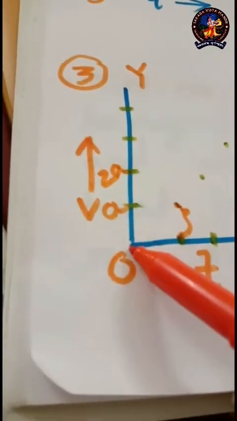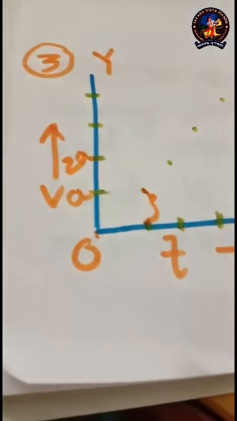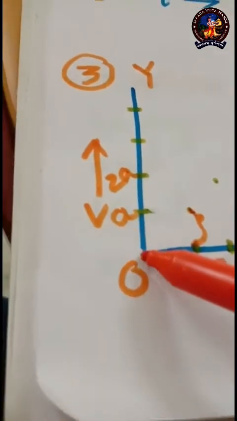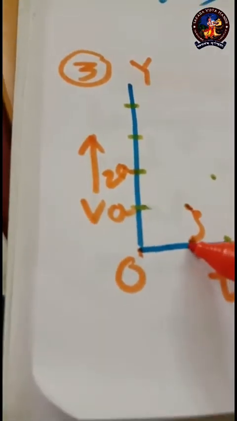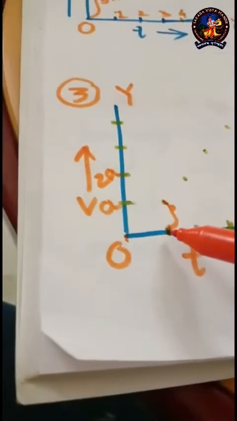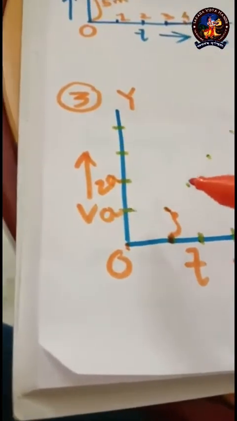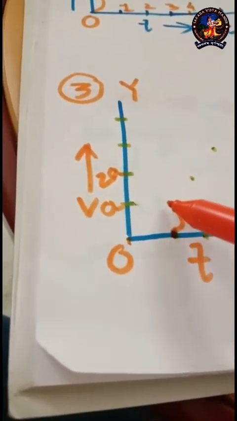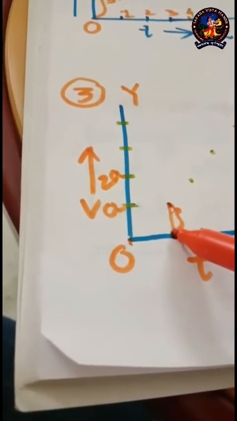So at time 0, velocity is also 0, because along the y axis I have taken velocity, along the x axis I have taken time. After 1 second, what would happen? Because the bus is accelerating with acceleration A, after 1 second the velocity will increase by A.